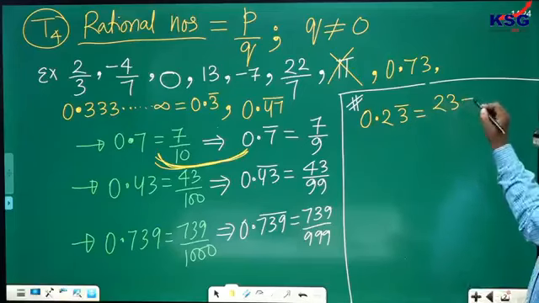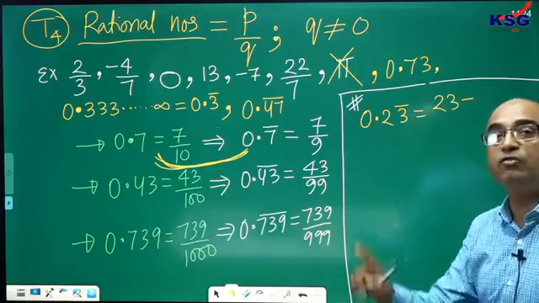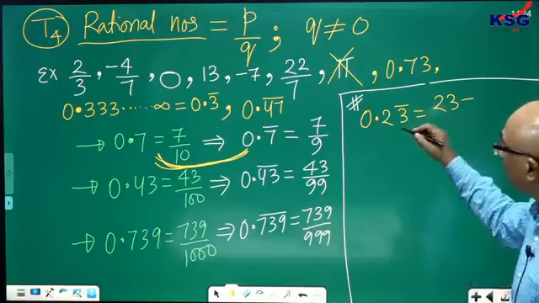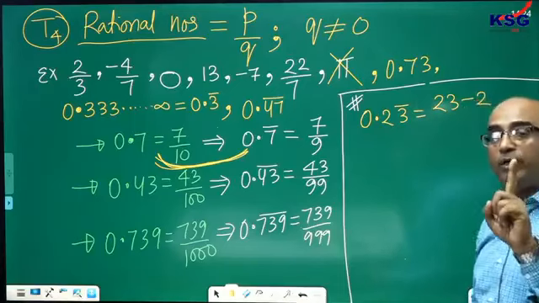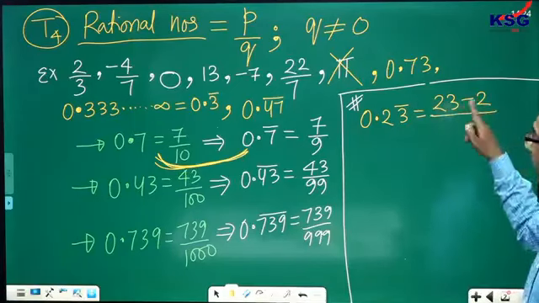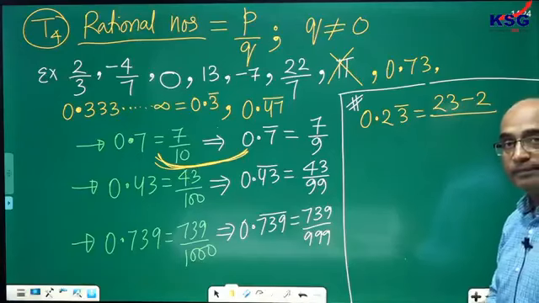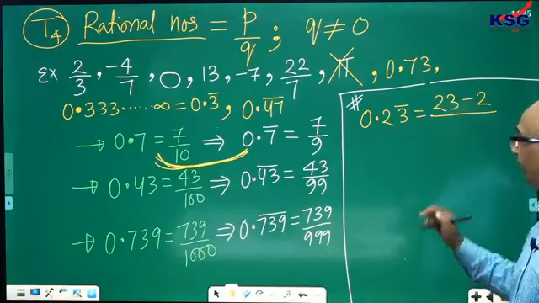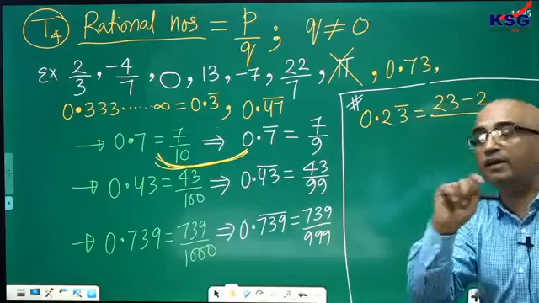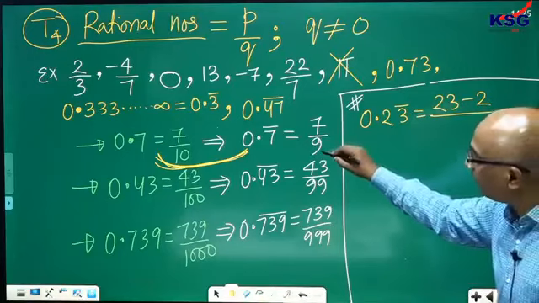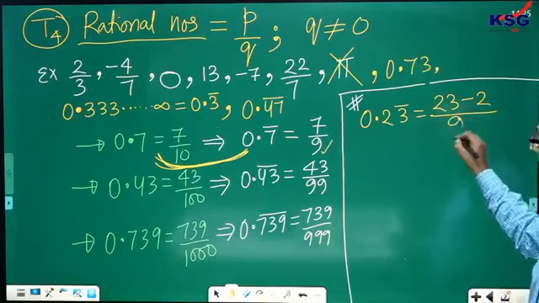Then subtract the digit in which there is no bar, which means the number 2. This is known as the numerator. Now see how to handle the denominator. In 0.23 bar, only one digit is under the bar, and for one digit under the bar, put 9 in the denominator.